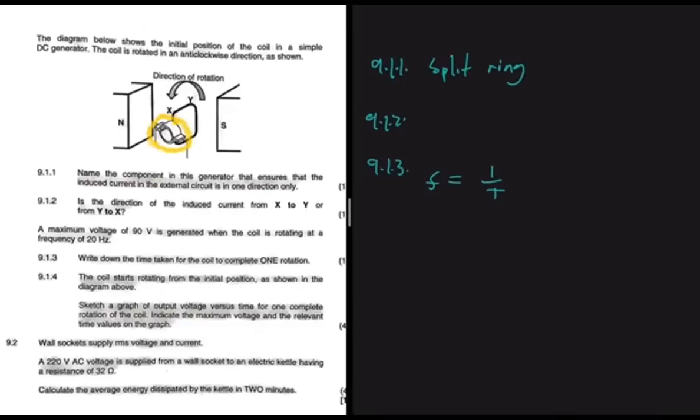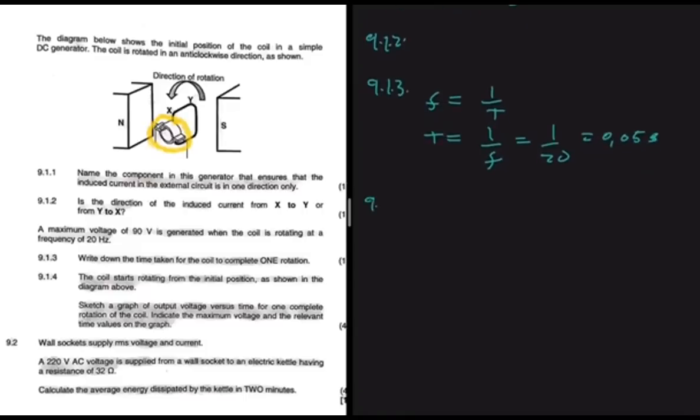If we rearrange this formula, the period equals 1 divided by the frequency. So this is 1 divided by 20, and in my calculator I'm getting 0.05 seconds. That is the time taken for the coil to complete one rotation.